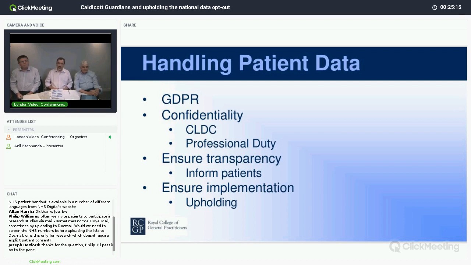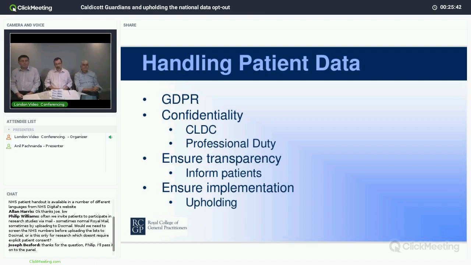We are also subject to the common law duty of confidentiality. And as individual professionals, clinicians, we have a professional duty to uphold the confidentiality of our patients. I think it's important to make a slight distinction here between GDPR and the common law duty of confidentiality.